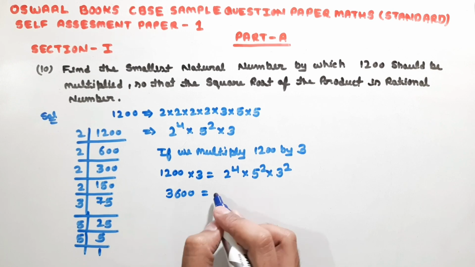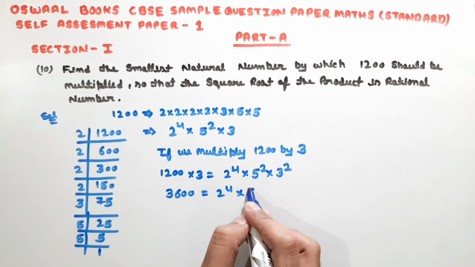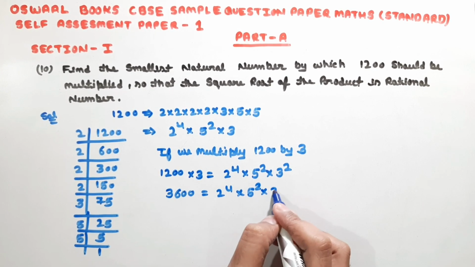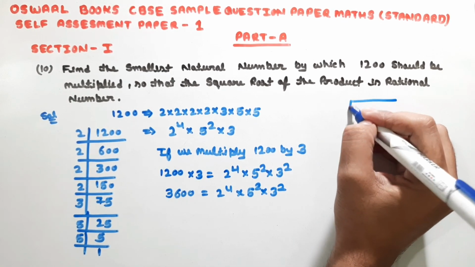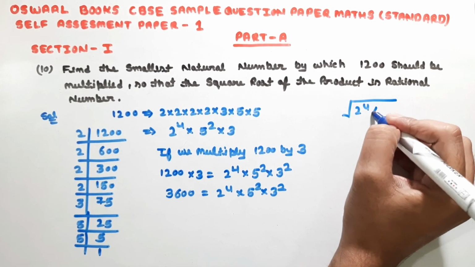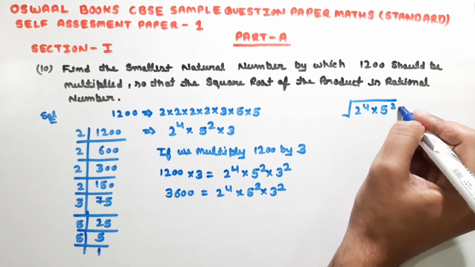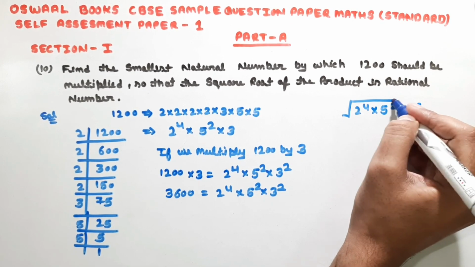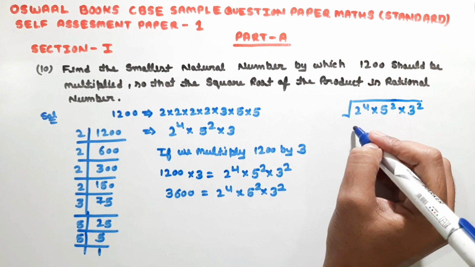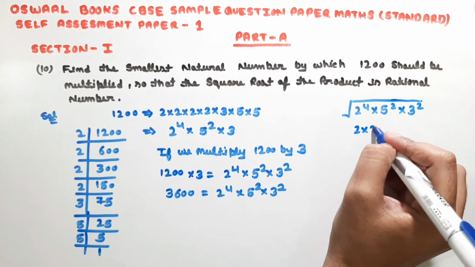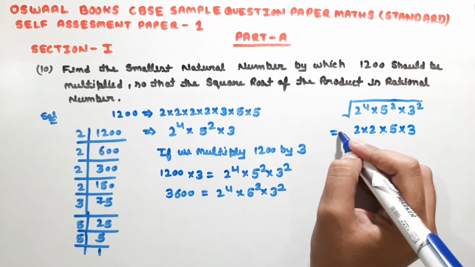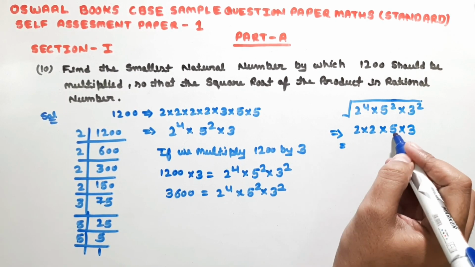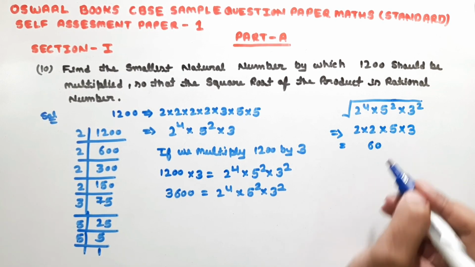So the square root of 3600 will be 2 to the power 4 into 5 square into 3 square. From here, 2 into 2 into 5 into 3. This will be equal to 4 into 5 is 20, into 3 is 60.